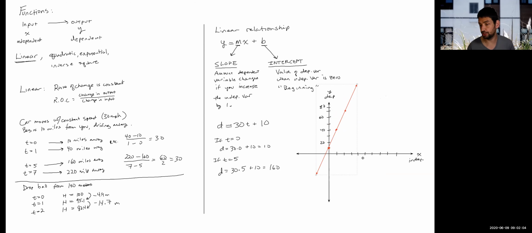Now, what we're going to try to do is find a relationship like this when we have data. Okay. So if we have two variables, we can plot the data as I just did with that car example, right? If I have my input variable, I'll just call it X for now, and my output Y, we can measure it, right?